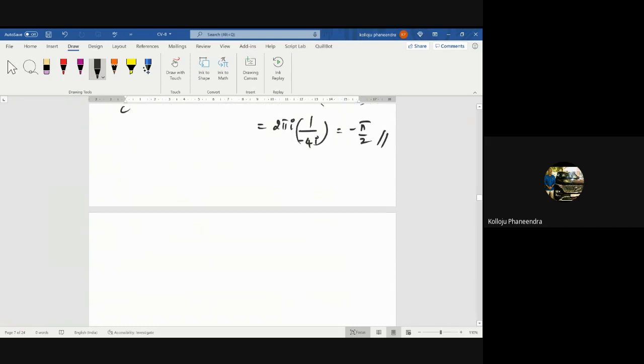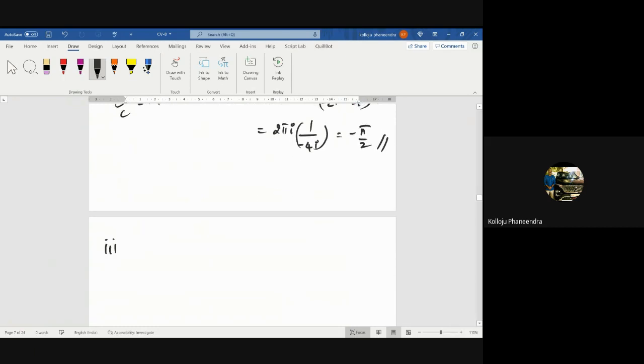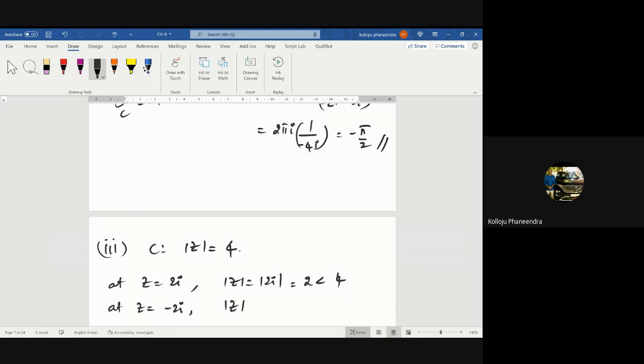Then, the third case. What is the third case? C is the circle mod z equal to 4. Now, see, at z equal to 2i, mod z equal to mod 2i, that is 2, less than 4. At z equal to minus 2i, what is mod z equal to?